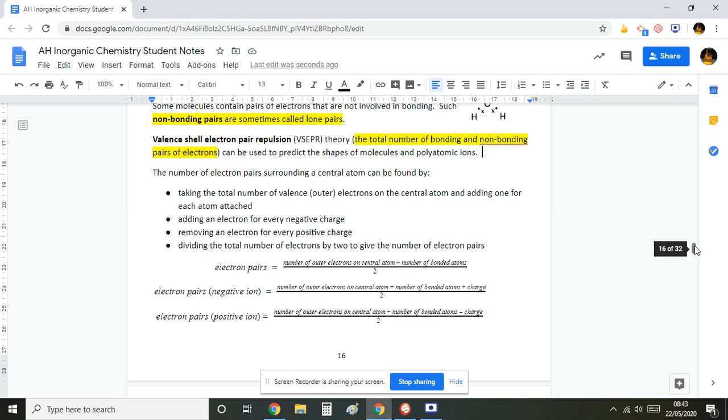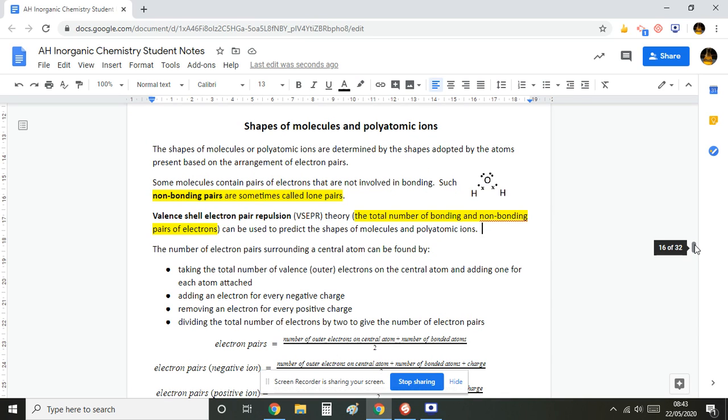So for example, let's have a look at water. The central atom is oxygen. It has 6 outer electrons, and then it has 2 hydrogen atoms attached. So 6 plus 2 gives us a total of 8 electrons. It doesn't have a negative charge or a positive charge, and then we divide the total number of electrons by 2, and that gives us the number of electron pairs.